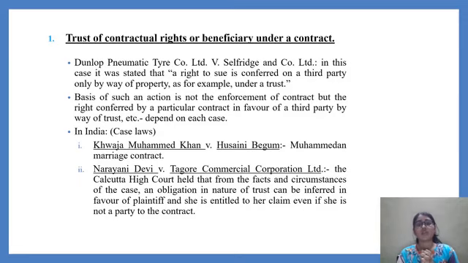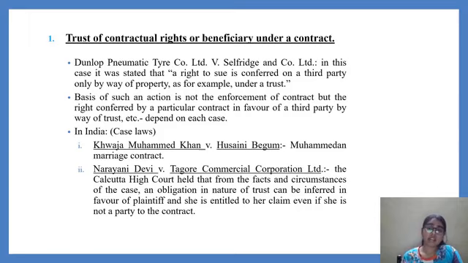So, the first exception regarding the doctrine of privity of contract is the trust of contractual rights or beneficiary under a contract. Under Dunlop Pneumatic Tyre Company Limited versus Selfridge and Company Limited, the court stated that a right to sue is conferred on a third party only by way of property, as for example, under a trust.